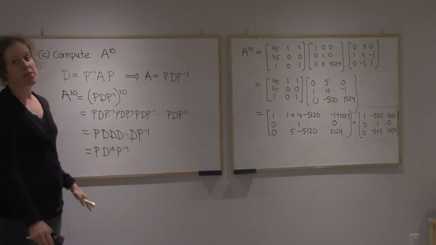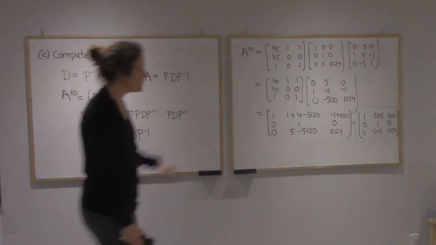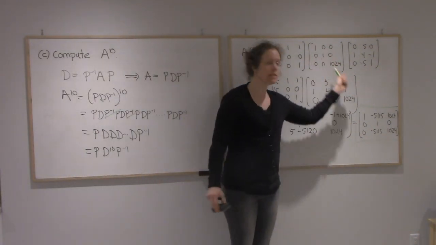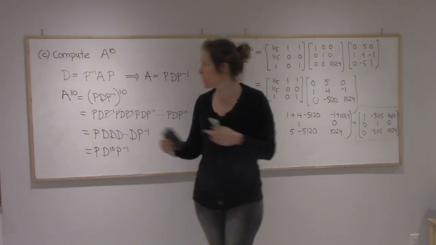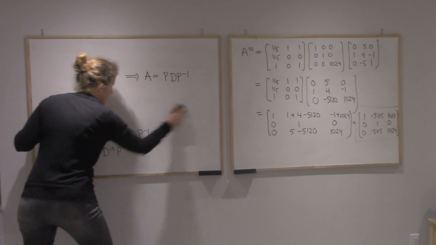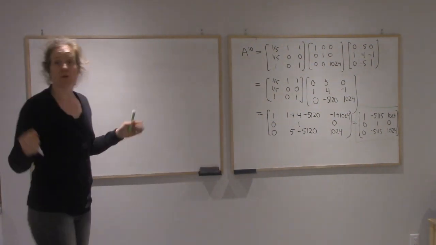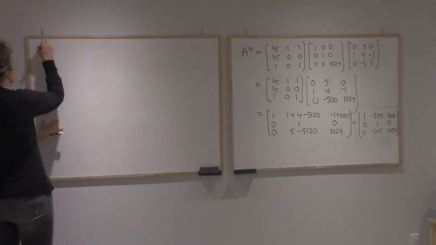Now, this method works for any n, and it doesn't get much worse. The only issue is that these entries might get much bigger, or might be fractions if your n is negative. But any integer would work. So let's give a formula for any n.